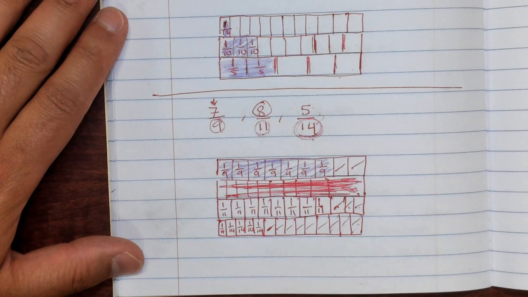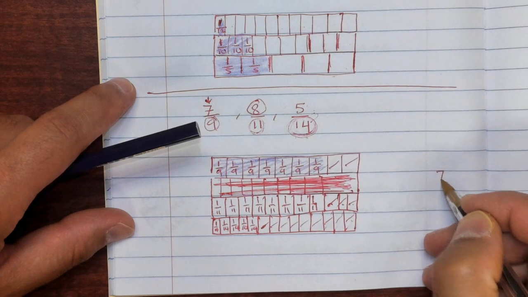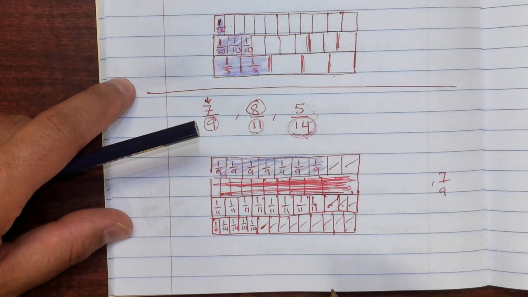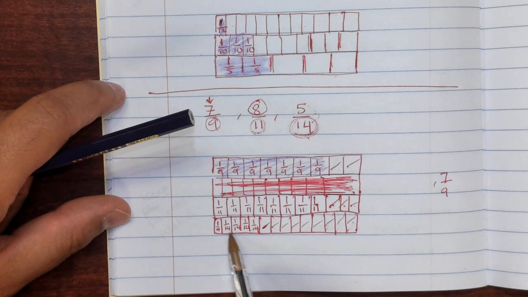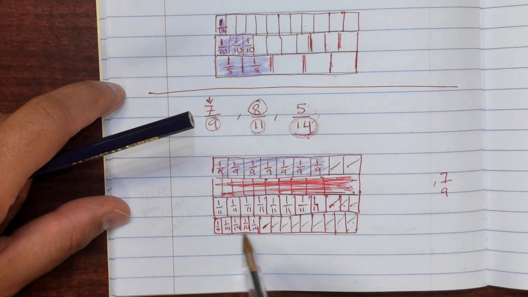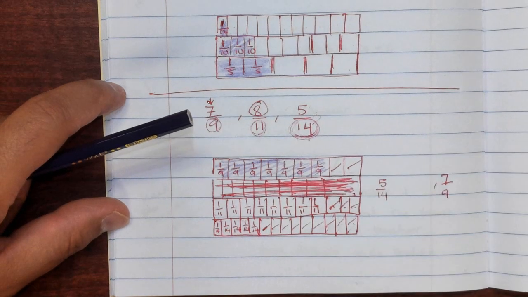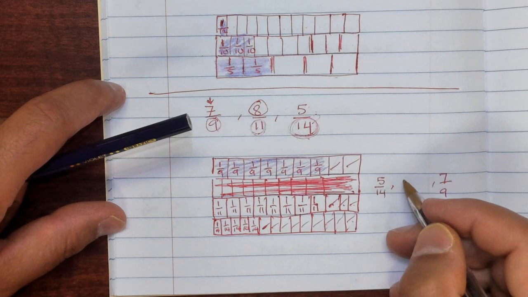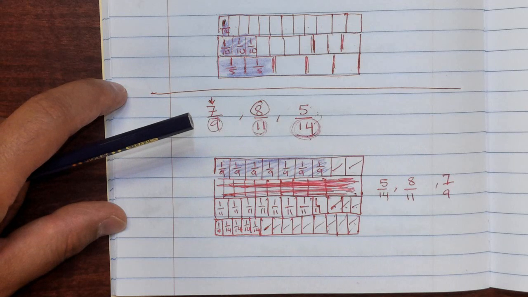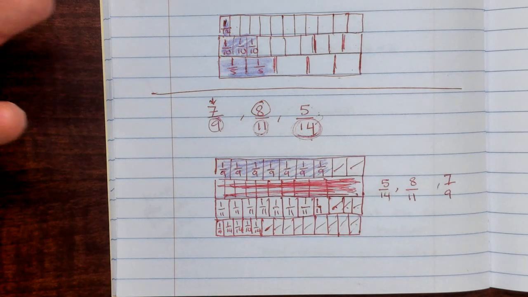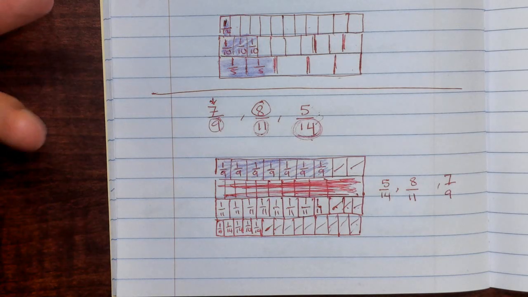That's our greatest. Okay, so I'm going to push 7/9 to the end here. Okay, and my least is the 5/14, right? So I'm going to put 5/14 here. So my middle fraction is going to be 8/11.